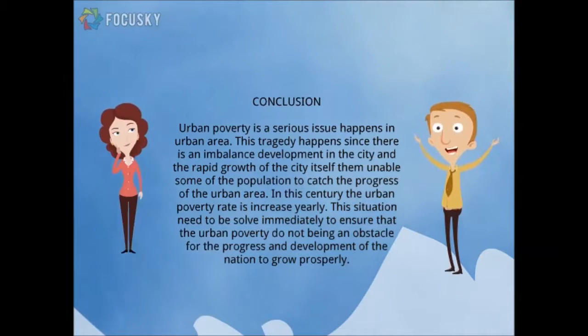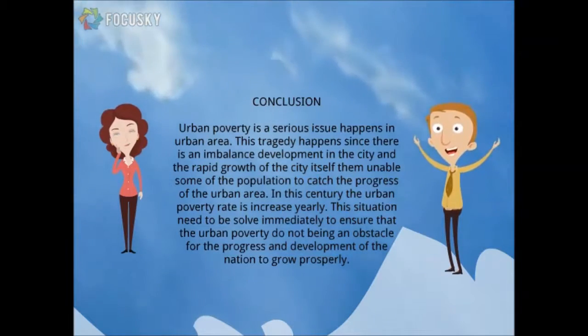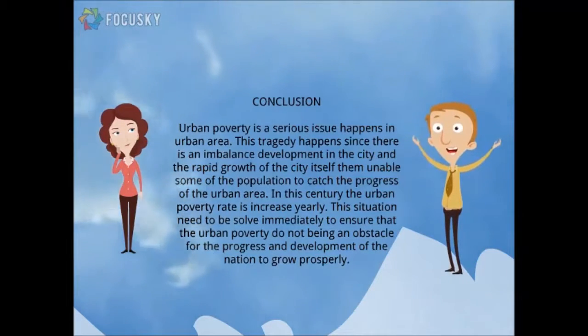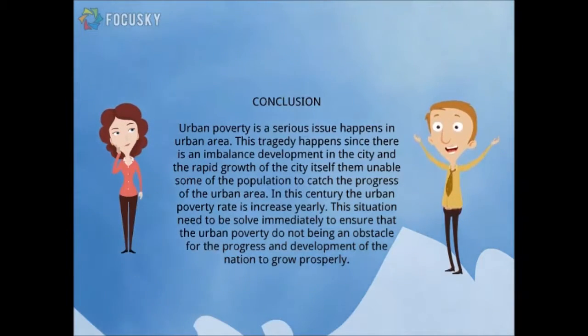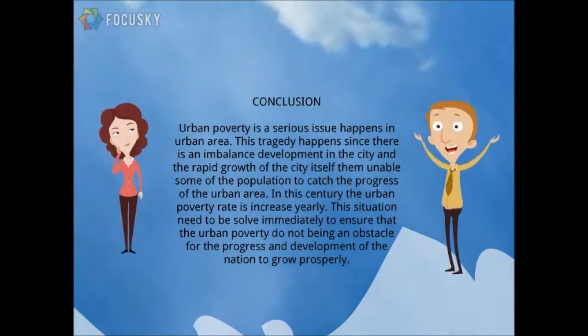In this century, the urban poverty rate is increasing every year. The situation needs to be solved immediately to ensure that urban poverty does not become an obstacle for the progress and development of the nation to grow prosperously.